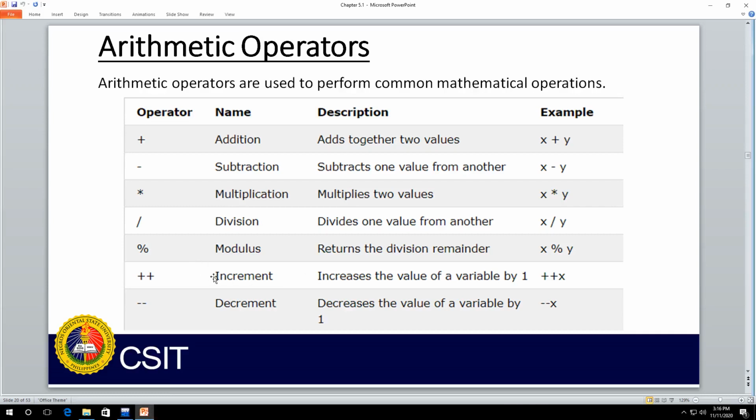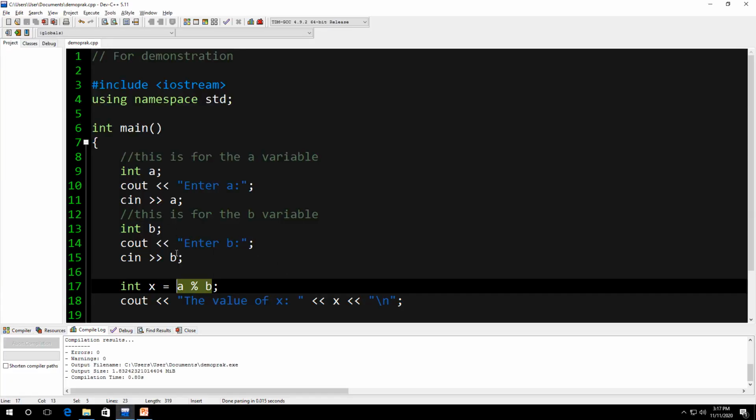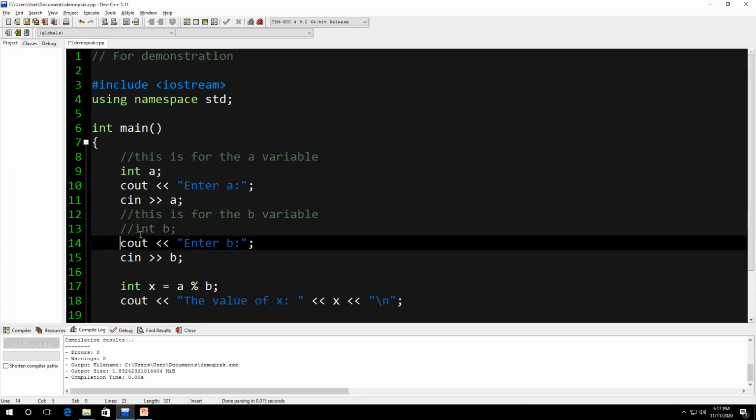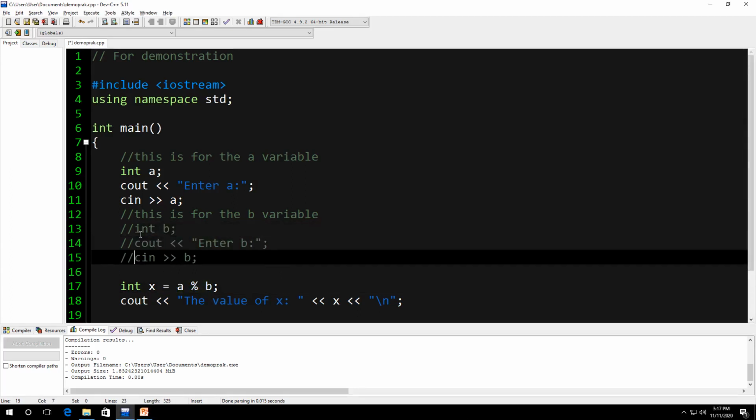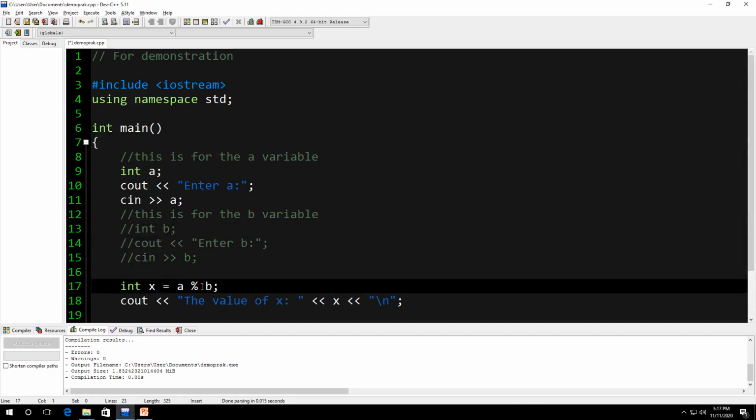Then you have the increment, so it will increase the value by 1. This is the sign plus plus, so let's try a plus plus.